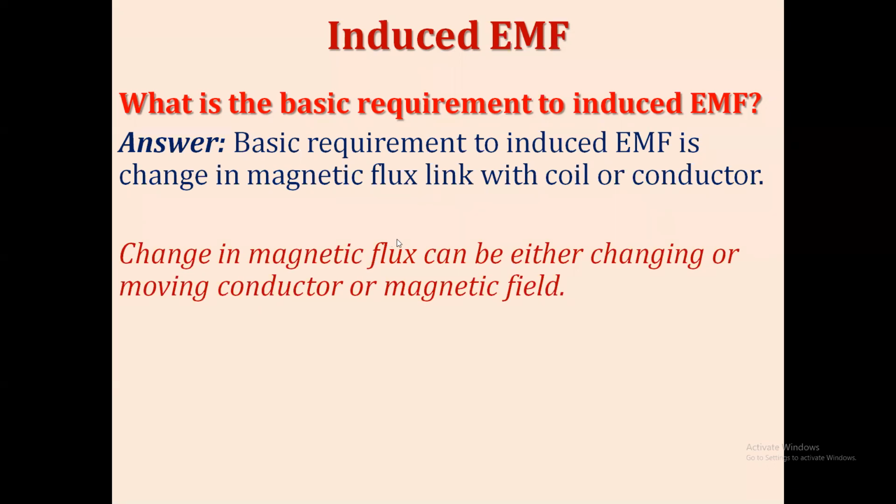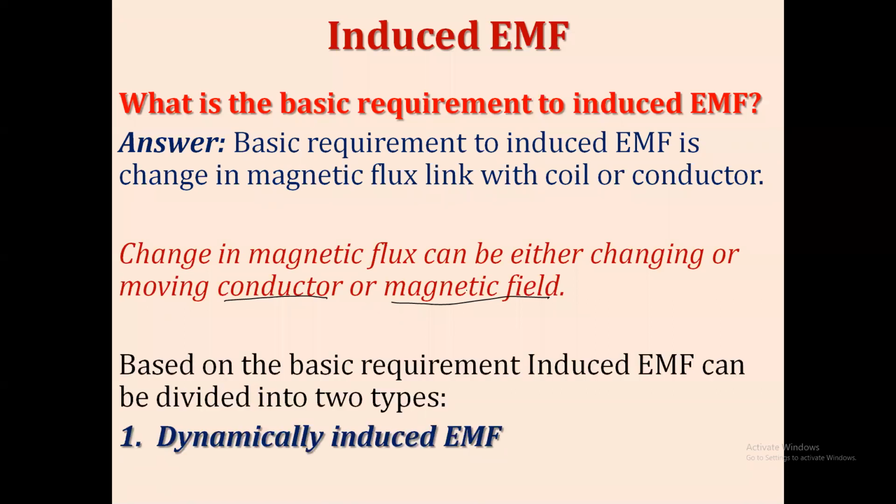And based on these two conditions, either the conductor is moving or the magnetic field is moving, the induced EMF is classified into two types. One is dynamically induced EMF. Here we say that the conductor is dynamic.